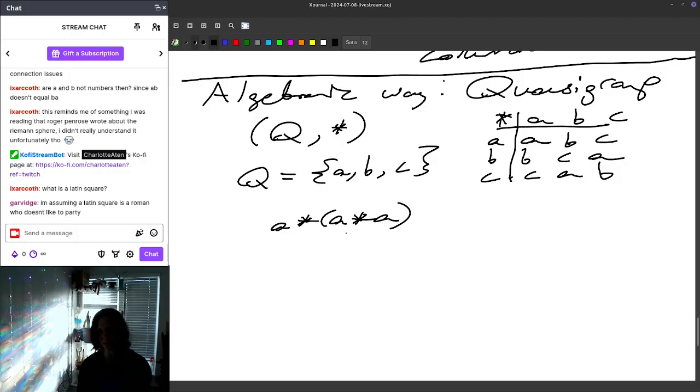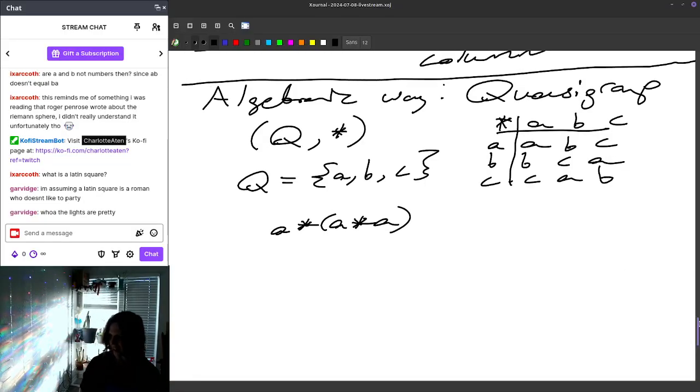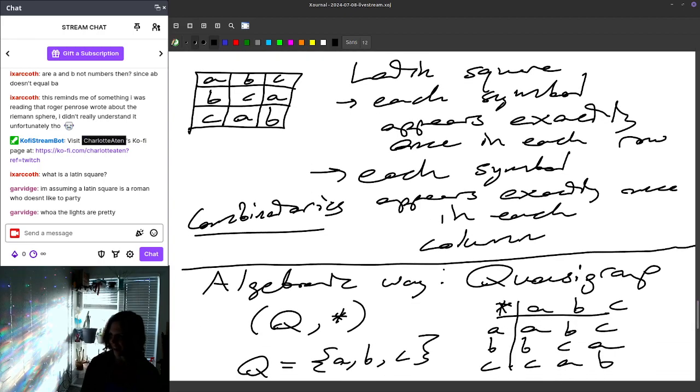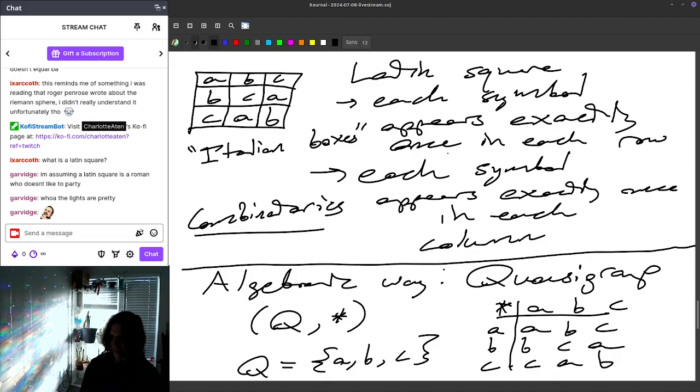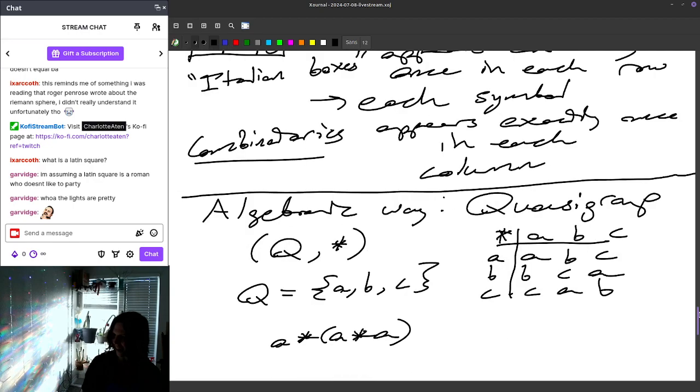Yeah, a Latin square is a Roman who doesn't like to party. That's absolutely right. Now, my partner also wants to call these Italian boxes. So I'll leave it to you whether you're going to consider that to be a synonym, or whether you consider an Italian box to be like an off-brand Latin square.